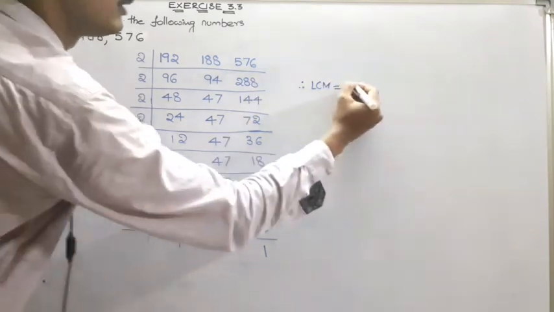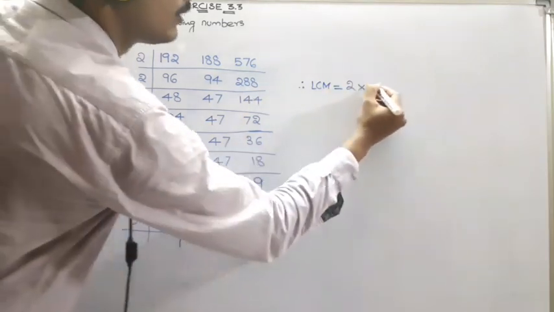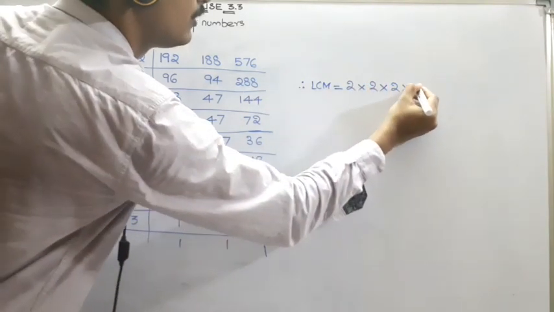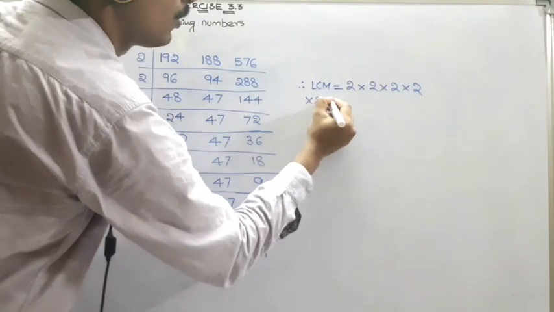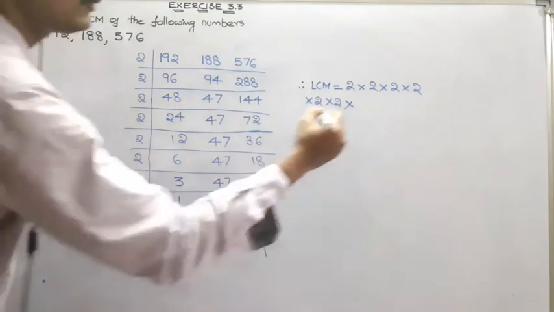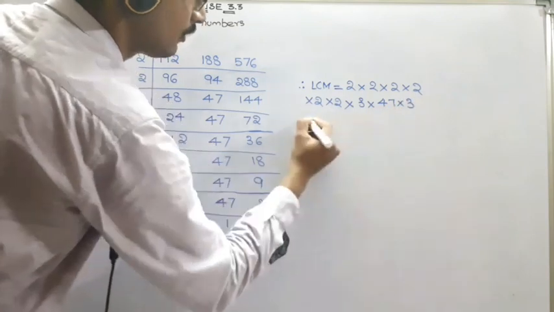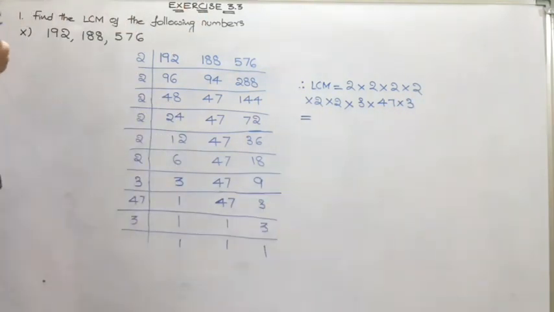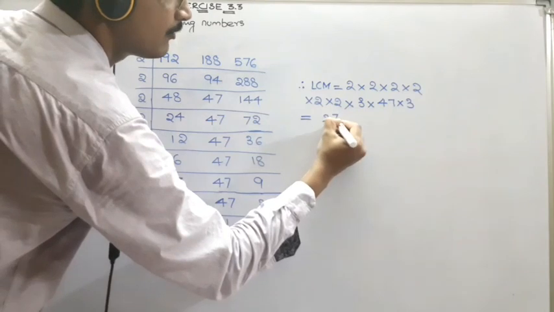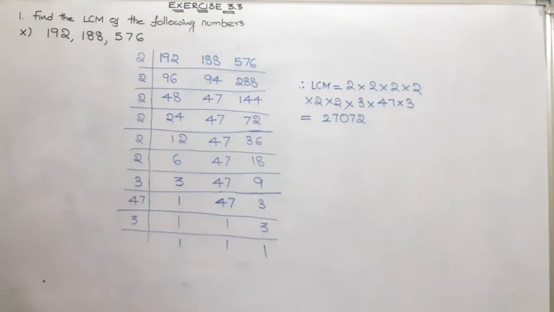So let us multiply. 2 into 2 into 2 into 2 into 2 into 2, that is 6 twos, multiplied by 3 into 47 into 3. If we multiply this, you will get 27,072. Okay. So it looks complicated, children, but if you practice more problems, it is going to be a very easy process.